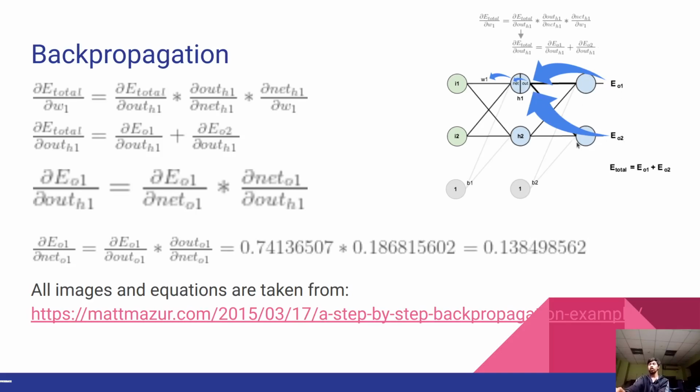So it contributes via O1 and also via O2. So with respect to O1, what is the partial derivative of H1, and with respect to H1, what is the partial derivative of O2. We have to calculate this.